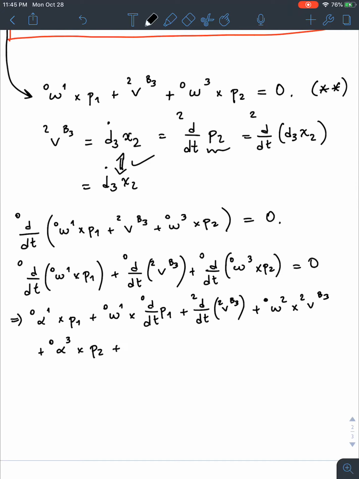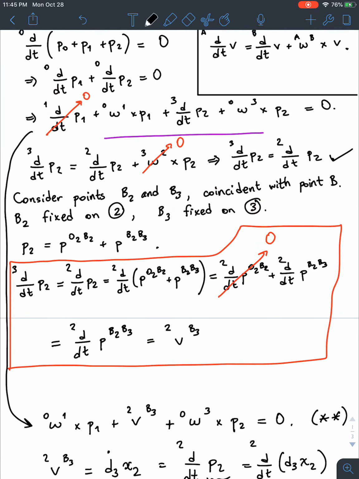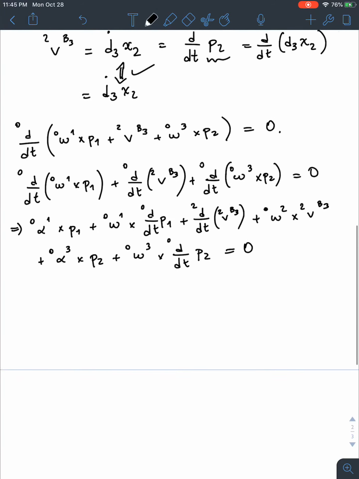And then again use the product rule of differentiation, and then differentiate in 0 the vector p2. Remember, we've just done it over here. This is the derivative, right? Sorry, here we did the derivative, so I can just copy my results from earlier.